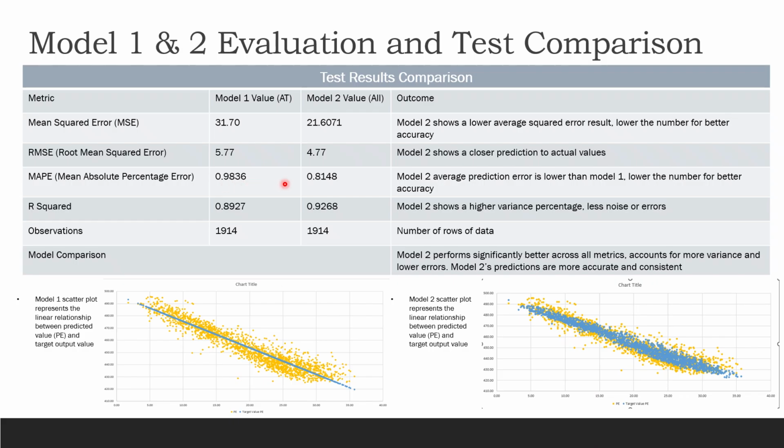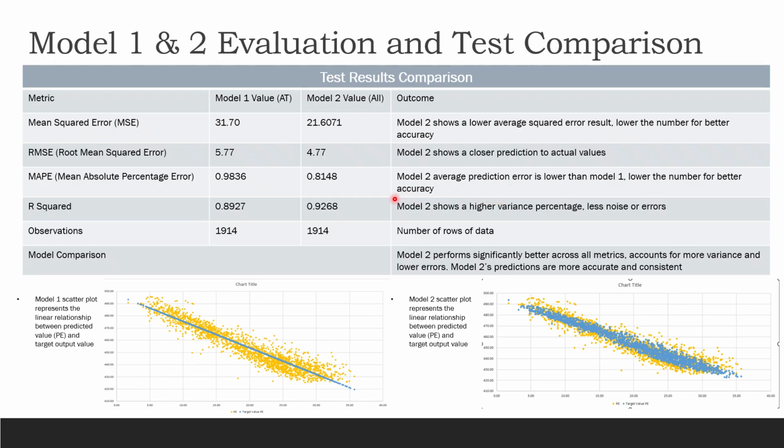Our root mean squared error for Model 2 shows a closer prediction to actual values. So 4.77 is a lot closer to that predicted value than a 5.77. For our mean absolute percentage error, this is calculated for the average prediction error, and we can see that it's lower than Model 1.